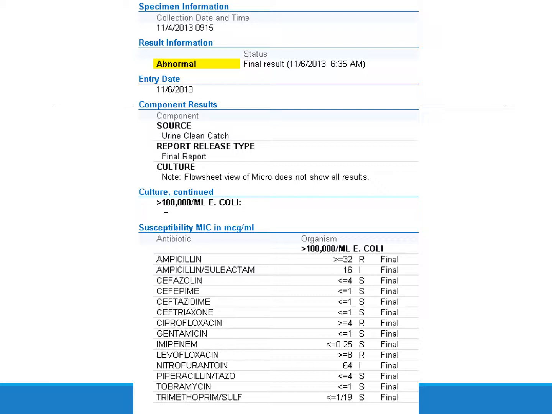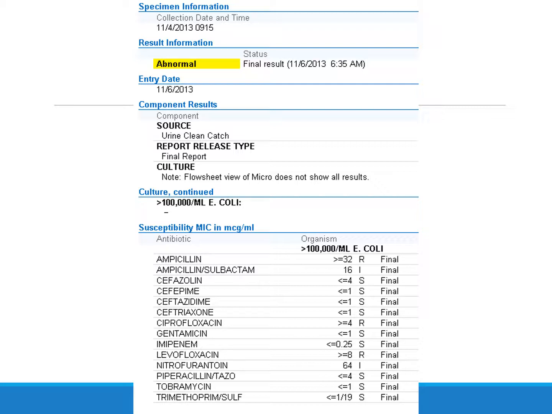So we aren't going to give you an exact number on that, but we're going to call it resistant. Whereas the ampicillin sulbactam, or Unasyn, is intermediate, and that's got enough MIC to probably give you some effective killing of the bacteria, but it's still lacking the low MIC we want to get an effective killing rate.